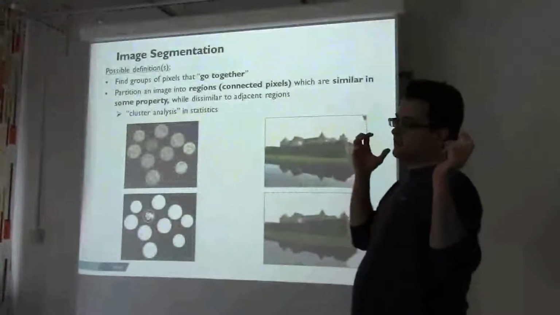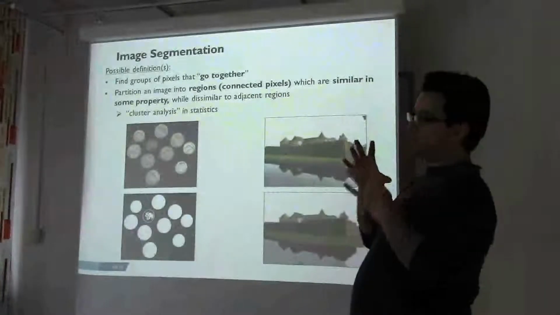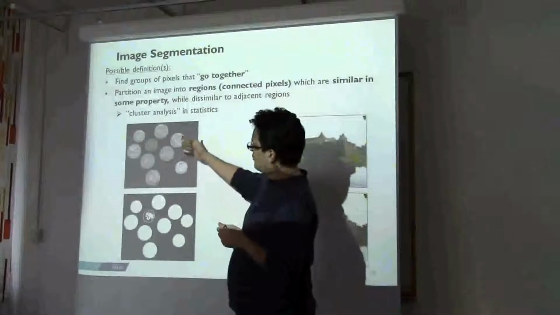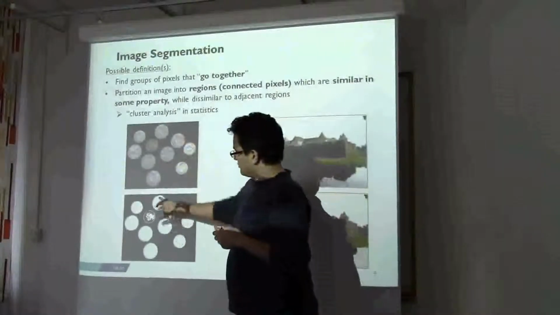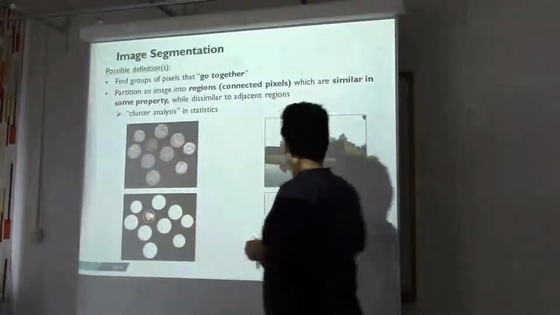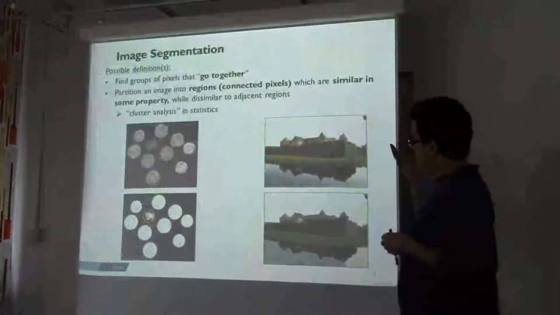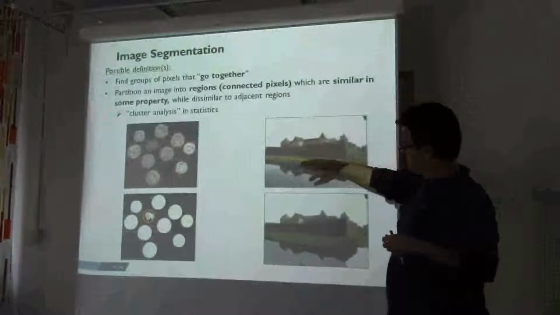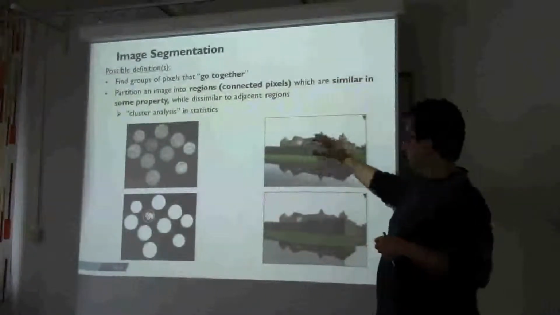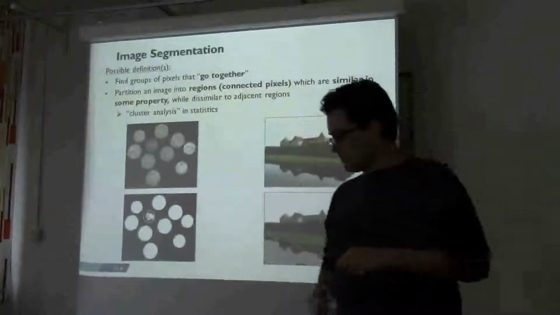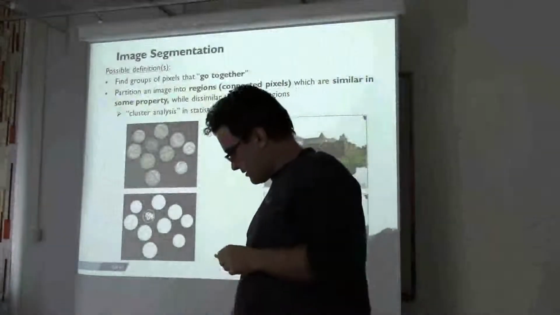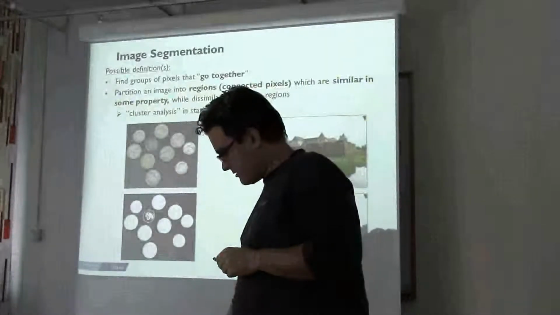This is the idea, getting regions that are similar in some way. Like for instance here, coins. The regions here represent coins, or in this case we have different parts. In the image we have the grass, the water, and the building on the sky. So each part is represented by some property.